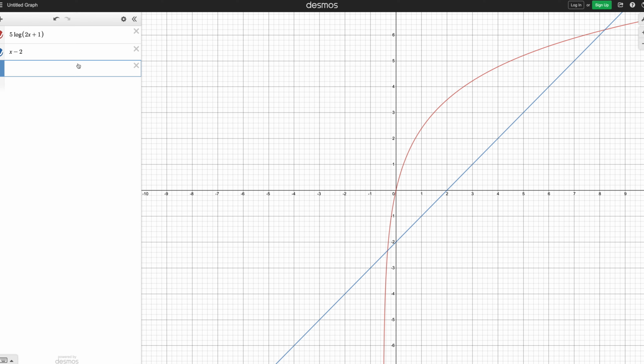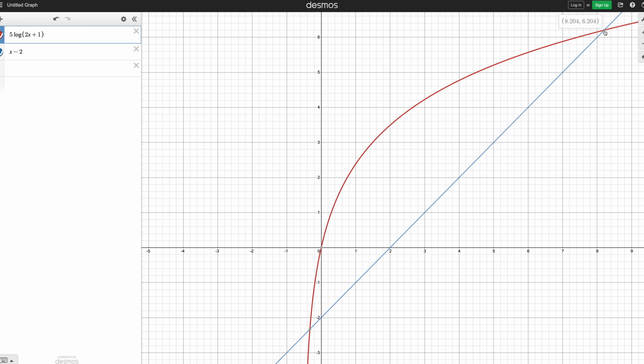So what we're going to look for is the solution for both graphs, which is basically where they cross, where they intersect. The first one here, they intersected at 8.204 and 6.204, and the second intersection, I guess this one's the first because it's the leftmost, is going to be negative 0.329 and negative 2.329.